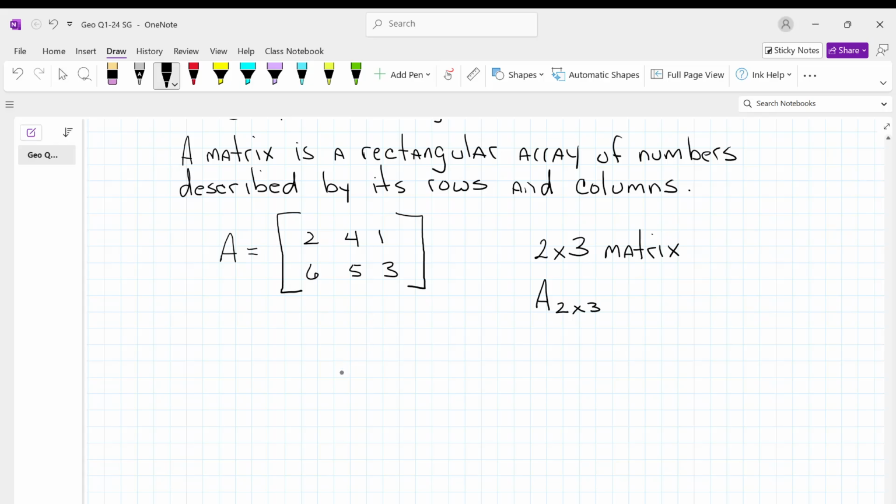Each number in a matrix is a matrix element.